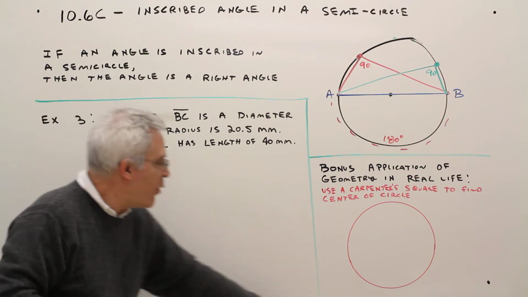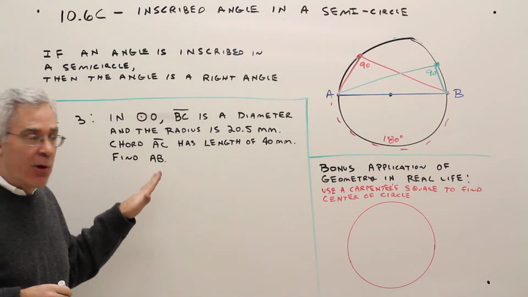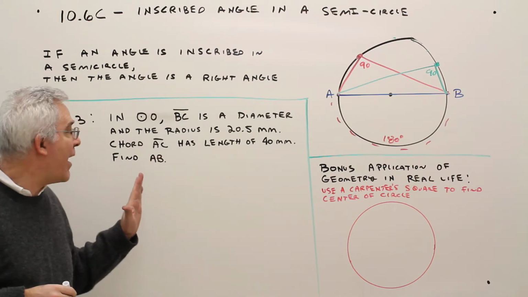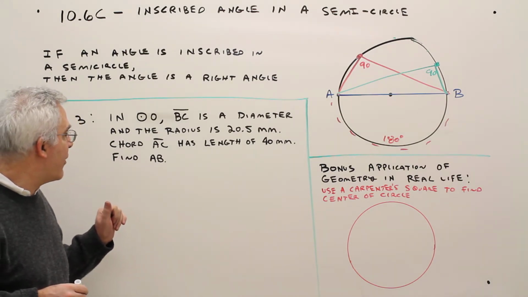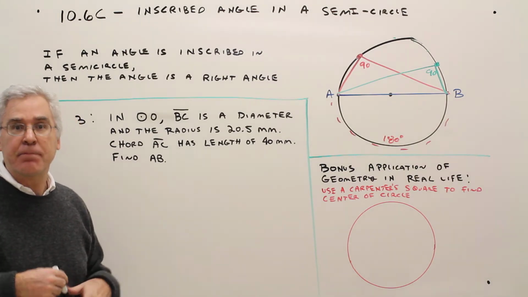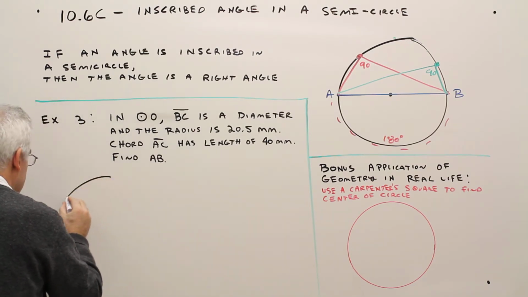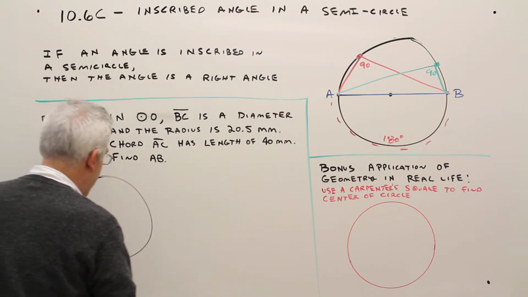Okay, let's go over example 3. In circle O, BC is a diameter and the radius is 20.5 millimeters. Chord AC has a length of 40 millimeters. Find AB. Okay, let's draw a picture. All right, not a perfect circle.